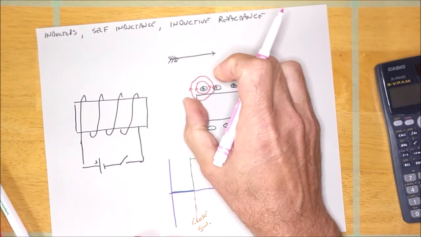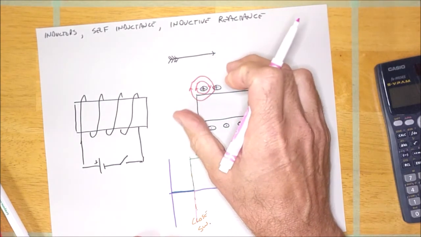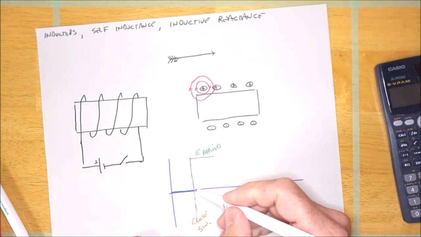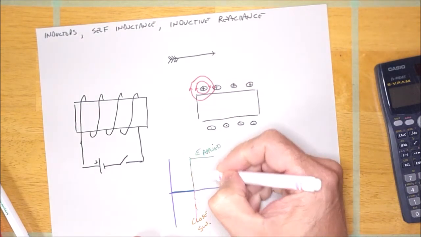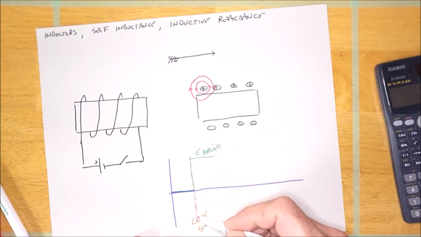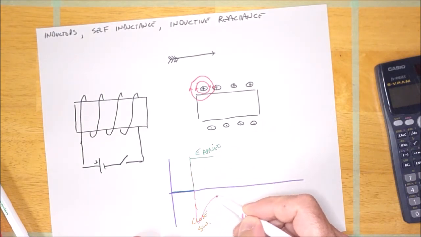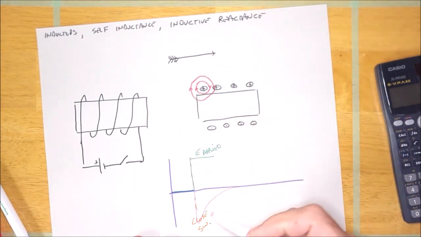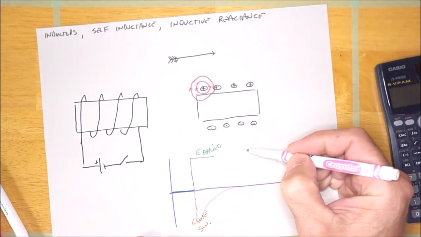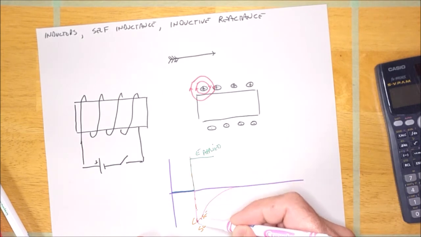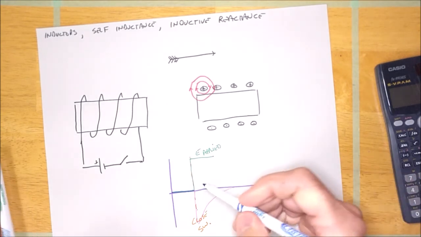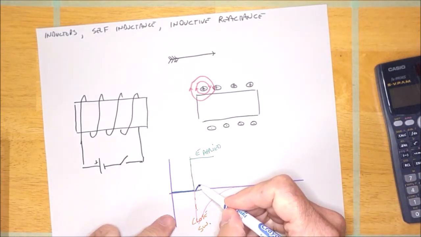But this magnetic field eventually is going to stop expanding out. It's going to expand out a certain amount and then stop. And so the induced voltage, even though it's going to be high at the beginning, is going to be reduced by the fact that the magnetic field eventually stops. Okay, so you have an applied voltage that looks like this, and you have an induced voltage that looks like this. And what you get is a current that looks like this.